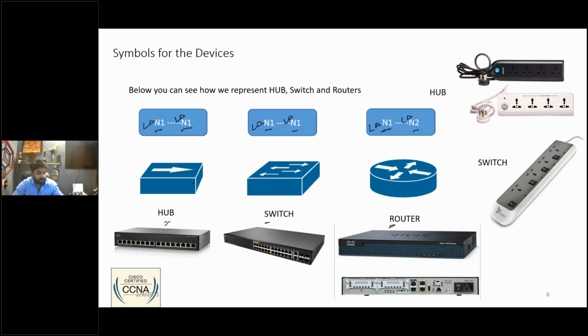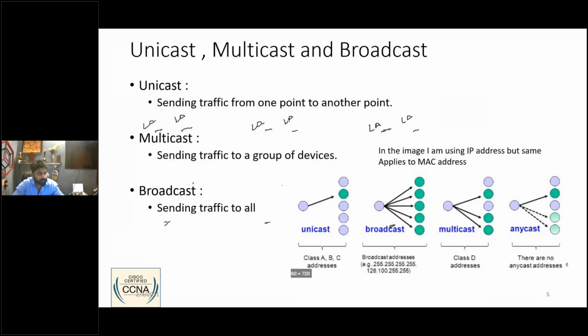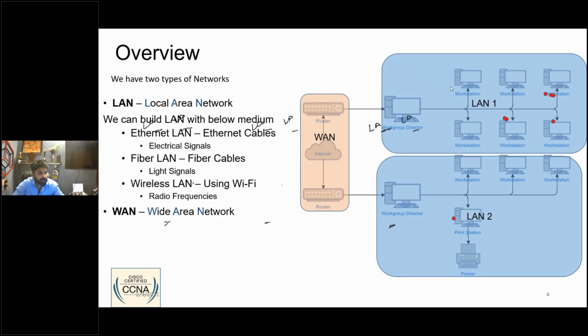If you carefully see my last diagram, in this place I'm having LAN 1 and LAN 2. What device am I using to connect them? To connect them, you're using a router. So LAN 1 to LAN 2, I'm using a router.